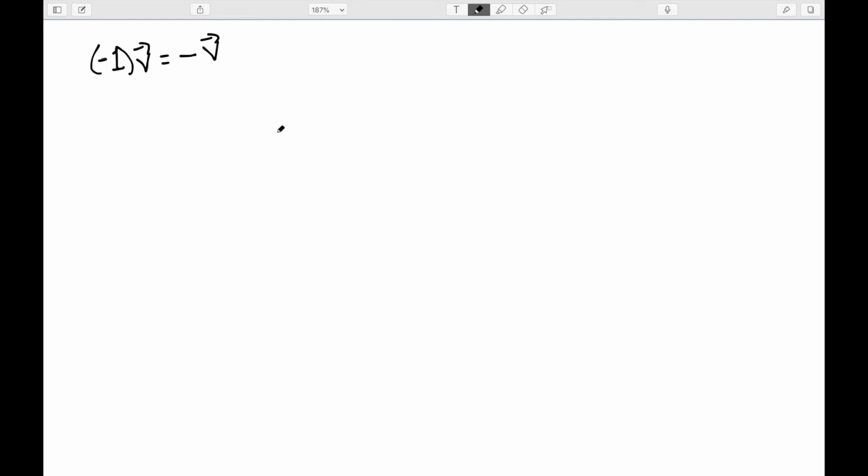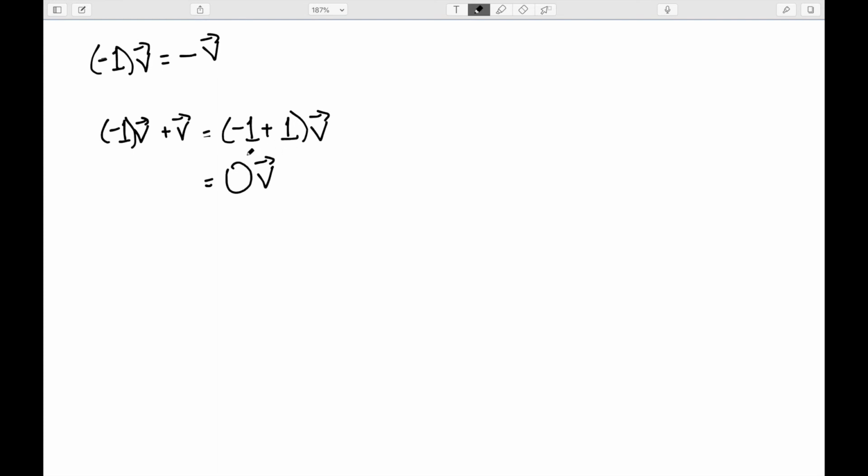Another result of these properties is that negative 1 times v is equal to negative v. So multiplying by negative 1 is the same as the actual negative of the vector. Let's do this by looking at negative 1 times v plus v. Well, we could factor out a v, then I'm left with (negative 1 plus 1) times v.